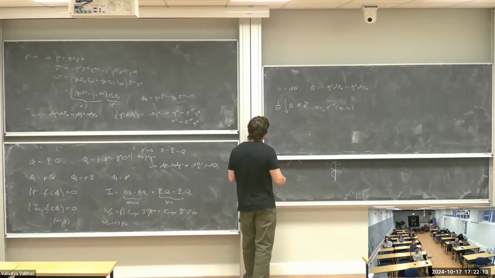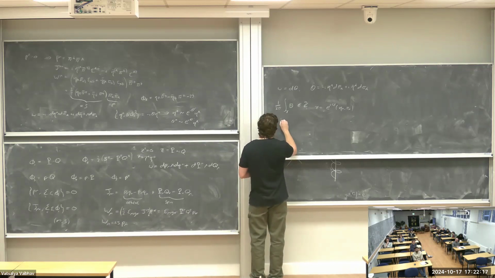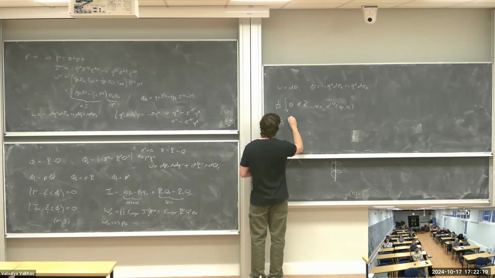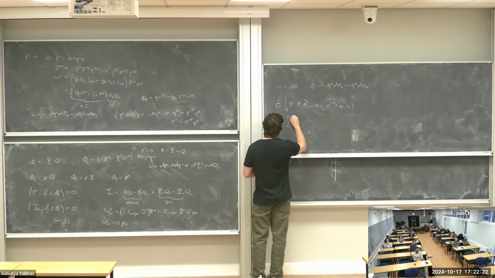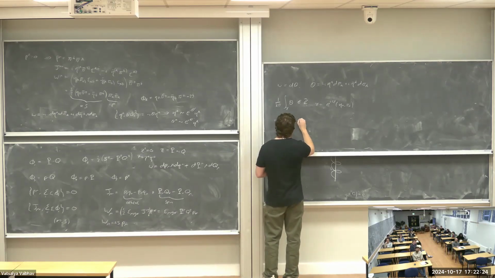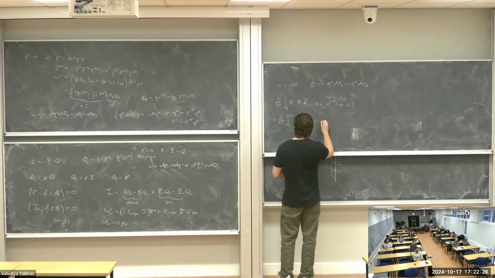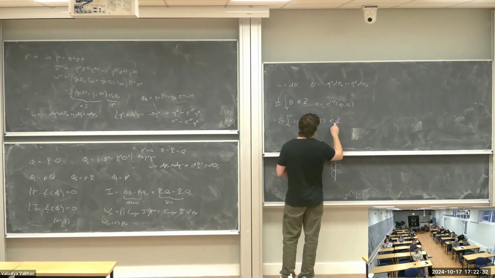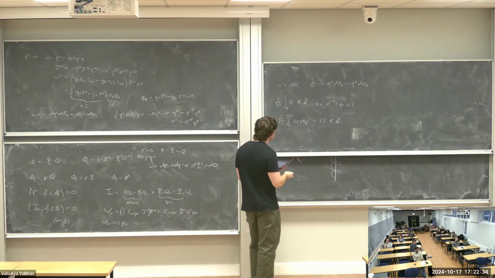On the constraint surface, this will look like 1 over 2 pi, the integral from 0 to 2 pi of 2s d phi, which is just 2s. This tells you that 2s has to be an integer.